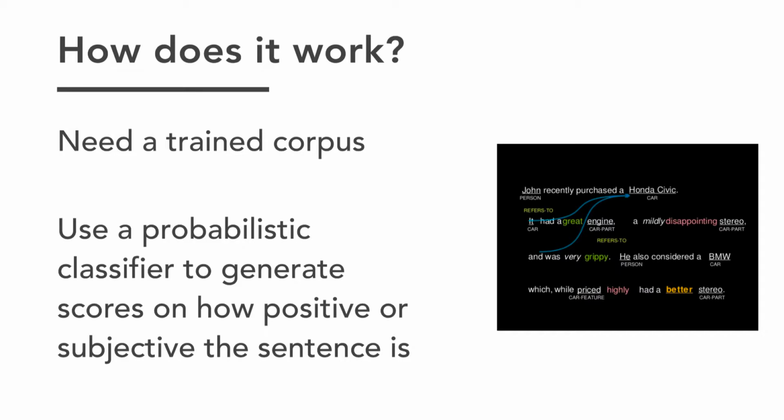And clearly there'll be more overlap with the positive sentences, so it will assign it a higher positive score since it matches up with the other positive sentences that are in the trained corpus. This is a really simplistic explanation. If you are looking for more details about sentiment analysis, check out the link in the extra resources.